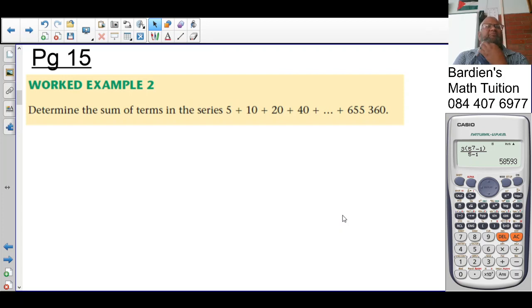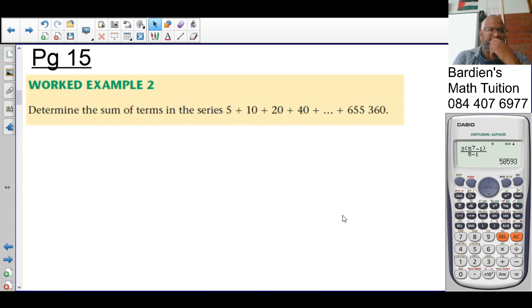So how are we going to do this sum? Well, how is this sum different to the previous one? We are given the last term. In the previous sum, we were told how many terms there were.